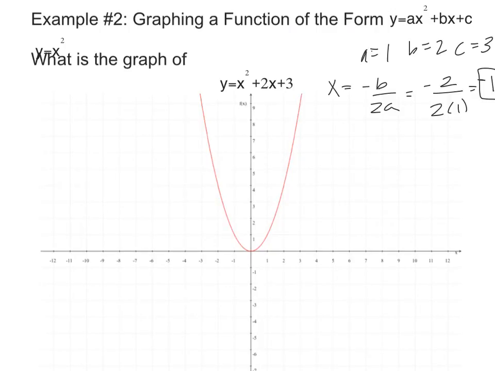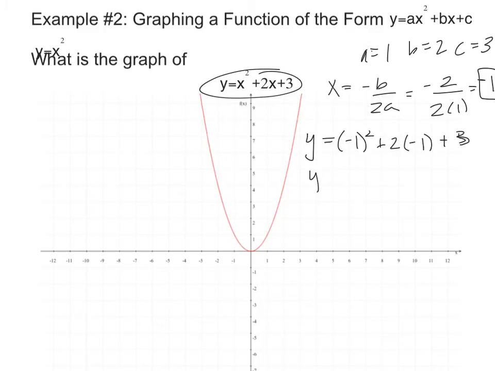Okay, so now that we have -1, to be able to find the y-coordinate, all I do is substitute -1 into the entire equation. So here we go. y equals (-1) squared plus 2 times -1 plus 3. If I multiply that all out, that should be 1 minus 2 plus 3. 1 minus 2 is -1, and then -1 plus 3 is going to equal 2. So y is going to equal 2.